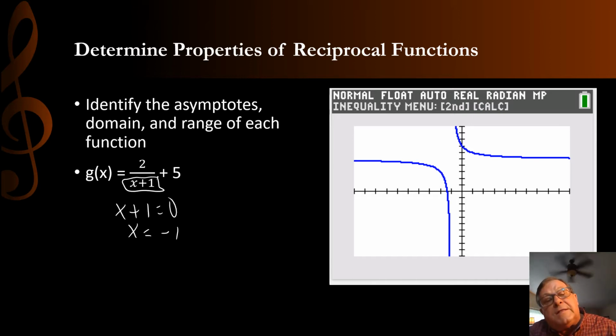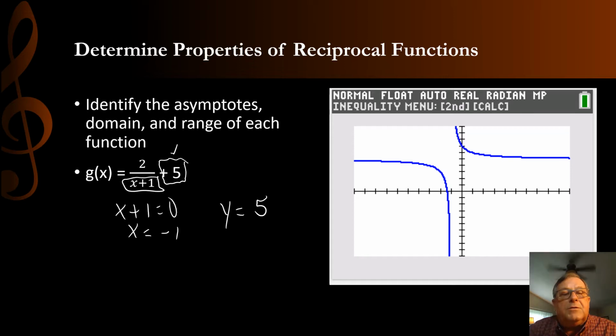And then what about our horizontal asymptote? Well, without this transformation, this vertical translation of positive 5, our horizontal asymptote would be at 0. But since we've got this plus 5 out here in the function equation, that again is a vertical shift up 5. And so I'm going to use y this time: y equals 5. Remember, f of x equals y, so I can use those interchangeably if I want to.